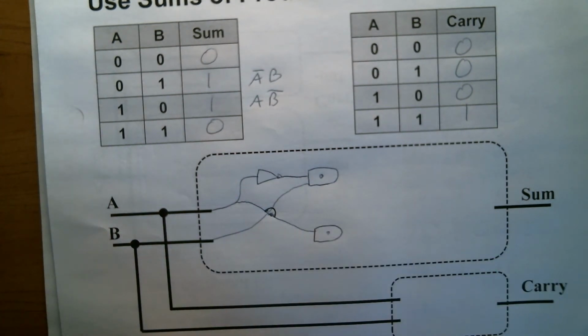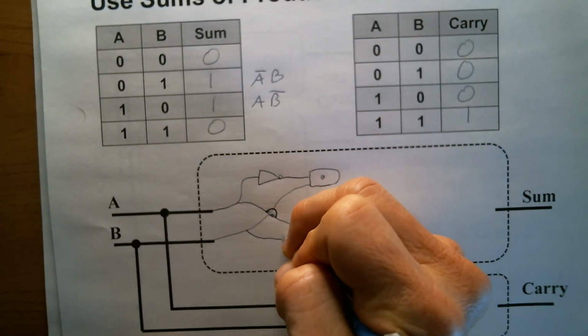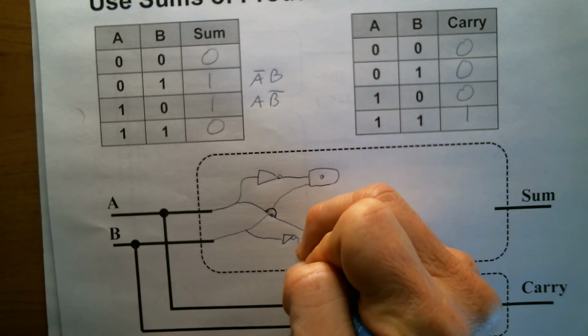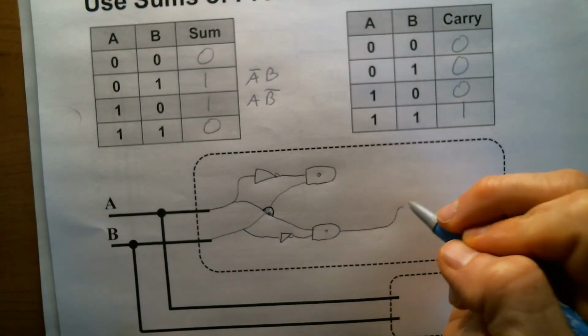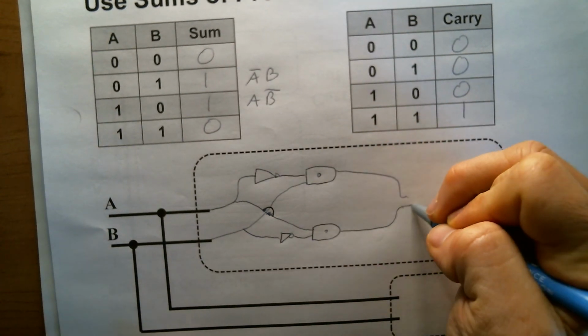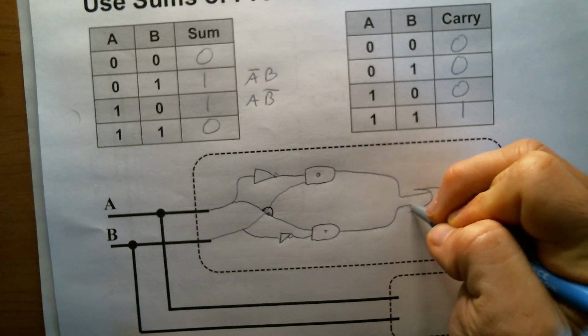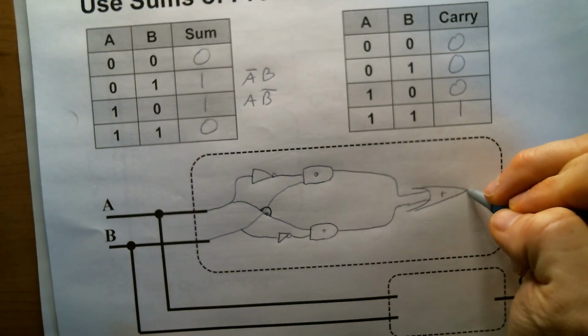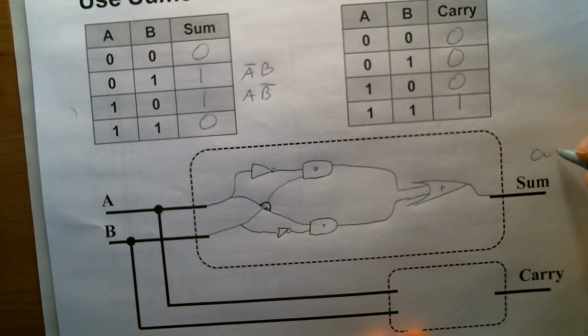And then we're also going to need a NOT B. There, I've got my little triangle. There's my not B. And then I can feed those two into an OR gate. And then that can go and be my sum. These are my outputs.